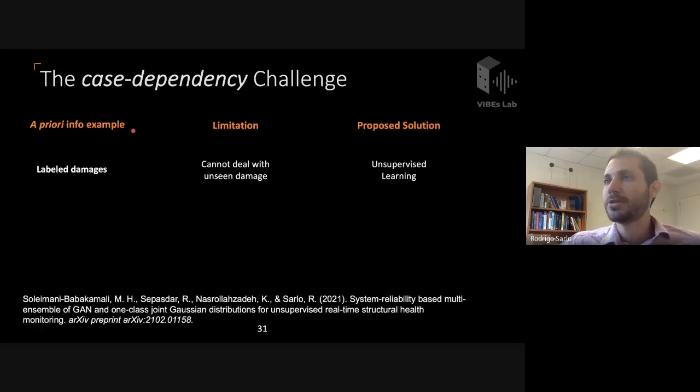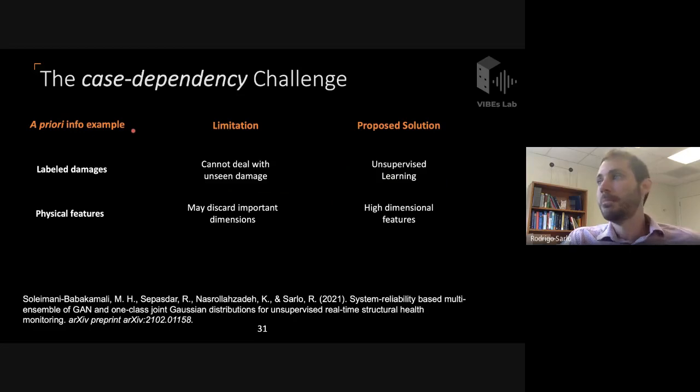So naturally, there's been a push in SHM to move towards unsupervised learning techniques to avoid this problem, because obviously we can't have examples of all the damages we expect to see, or sometimes there's damages we don't even expect. But even within the unsupervised techniques, a lot of them rely on certain physical features.